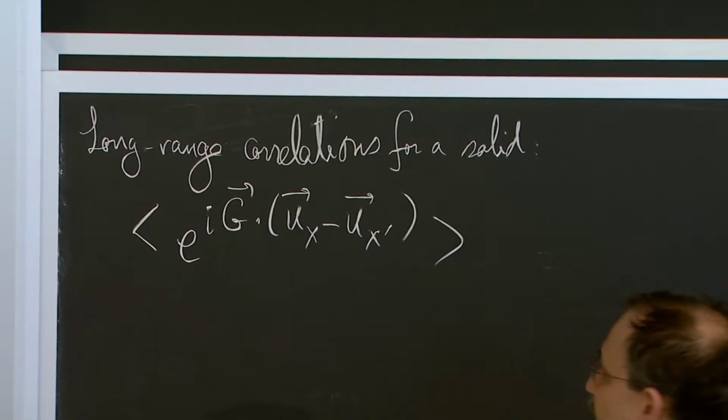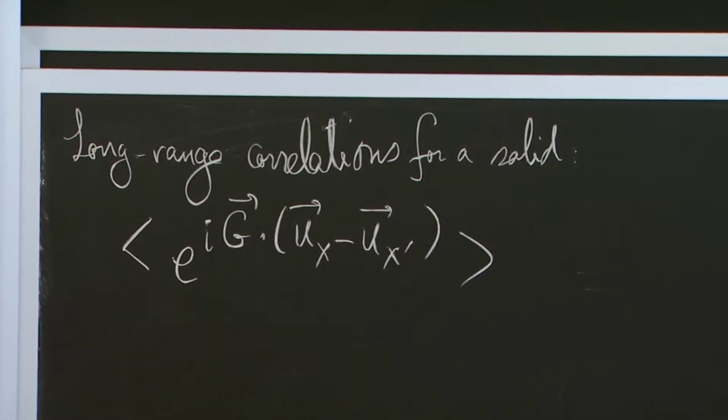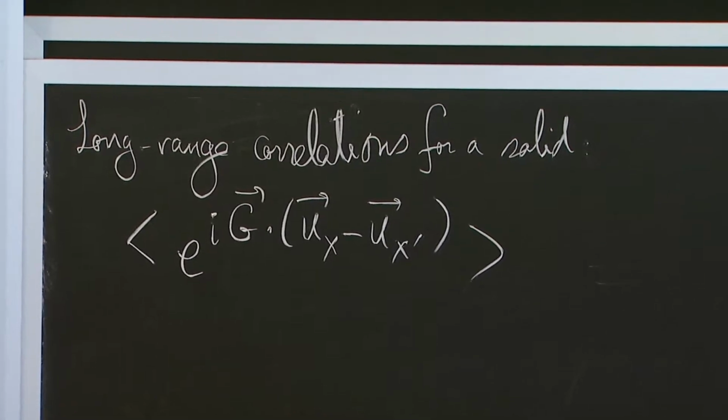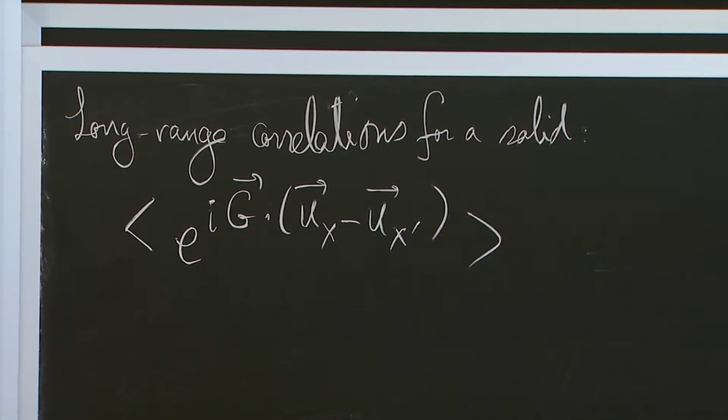Again, x and x prime are two points on the lattice. And again, the u's that I have are Gaussian distributed.